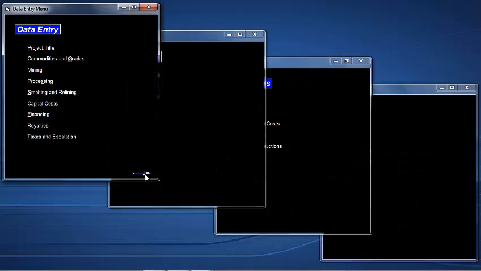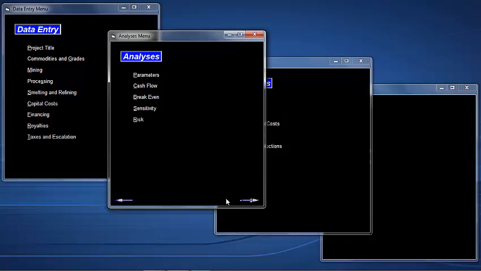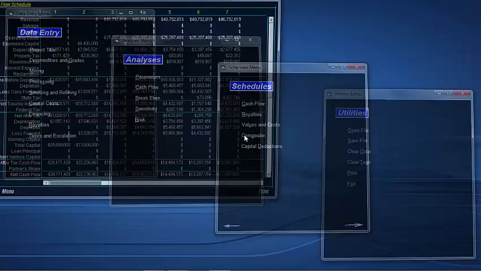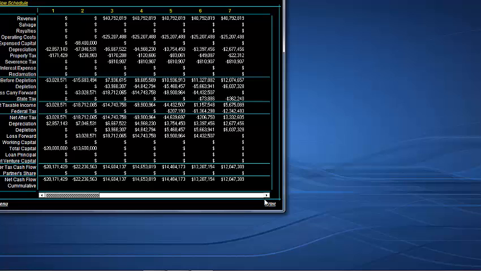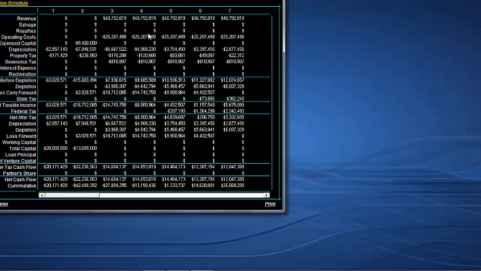So with the information we've entered, we already have some results. Our project has a net sum of cash flows of about 40 million, an NPV of 6 million at a 15% discount rate, a payback period of 2.9 years, and an internal rate of return of about 20%. Let's look at the cash flow schedule real quickly here. Revenue is up across the top.